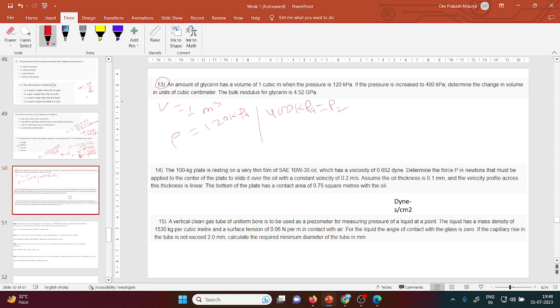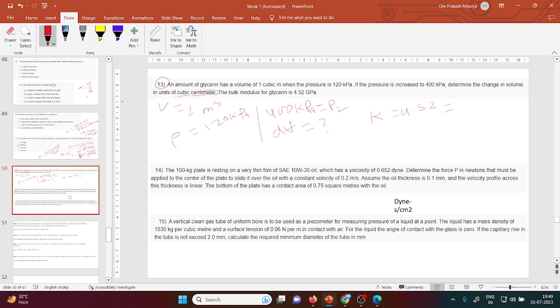Here the volume is asked in cubic centimeters. You can also calculate in meter cube, no problem. Here you need to calculate delta V, and the bulk modulus of glycerin is given.